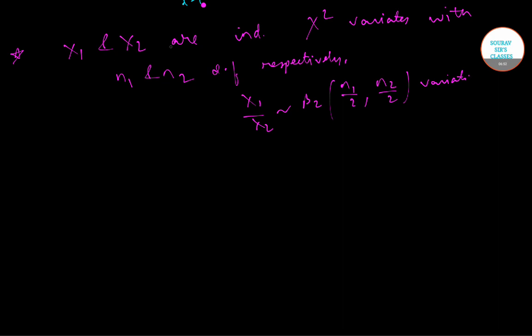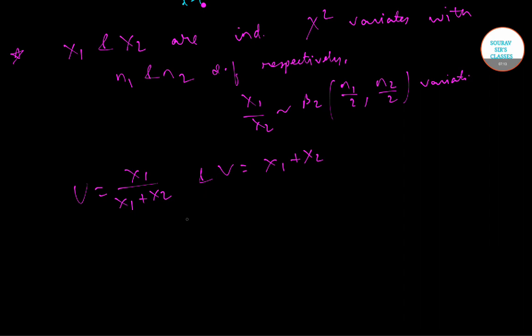And if x1 and x2 are independent chi-square variates with n1 and n2 df respectively, then again u is equal to x1 by (x1 plus x2) and v is equal to x1 plus x2.